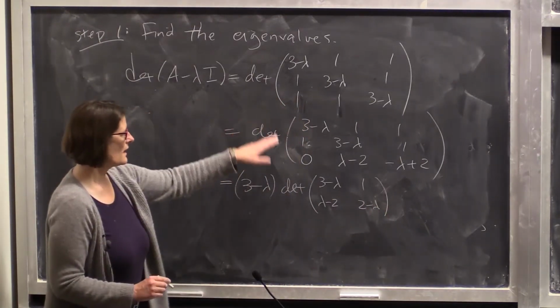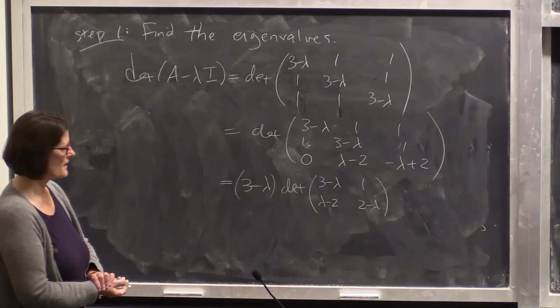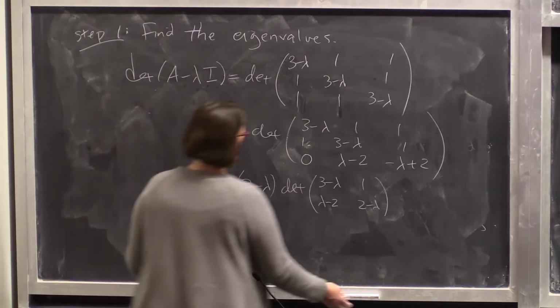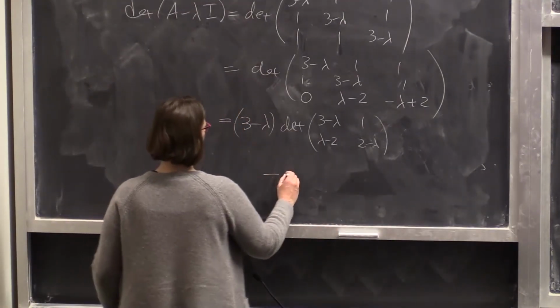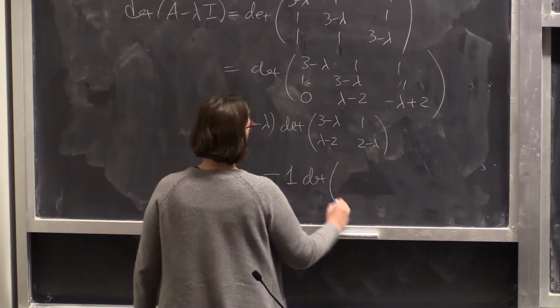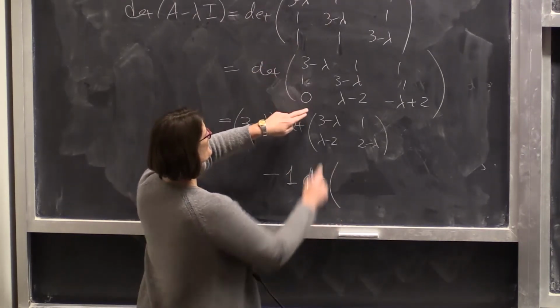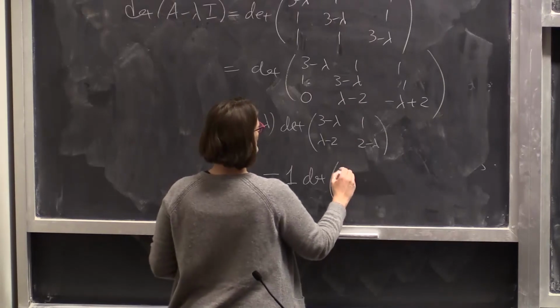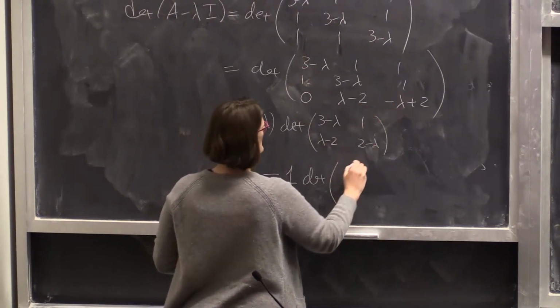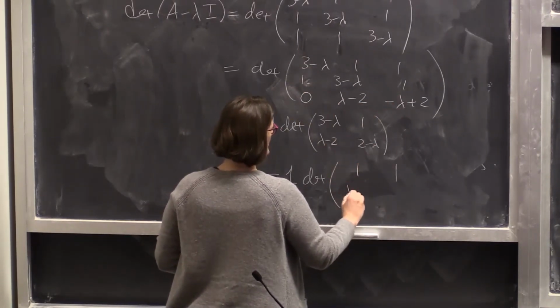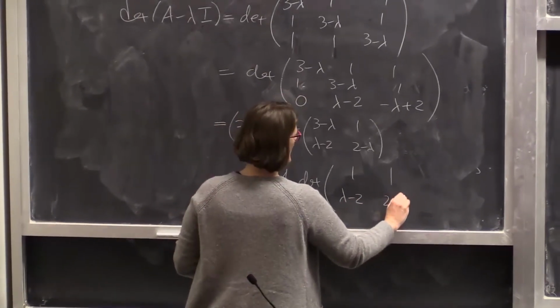And now I'm expanding about the first column. So I'm going to have minus 1 times the determinant of, so I block out the first row and the second column, the first column and the second row, and I get 1, 1, lambda minus 2, and 2 minus lambda.